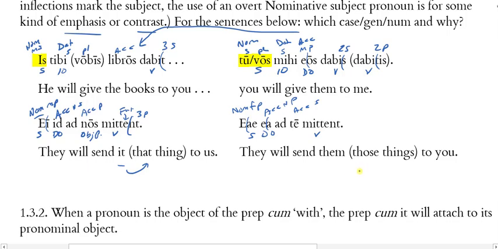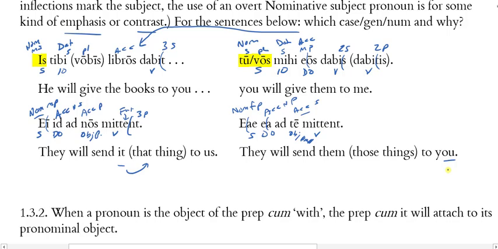Because they're sending things. So they will send them, those things. And then ad te is telling you to whom. This is the object of the preposition, because ad is a preposition that takes an object. That determines its accusative case. So this is to you.